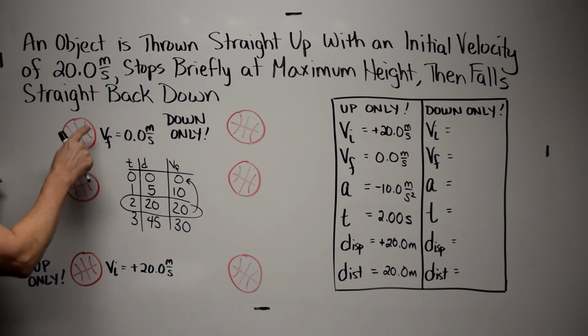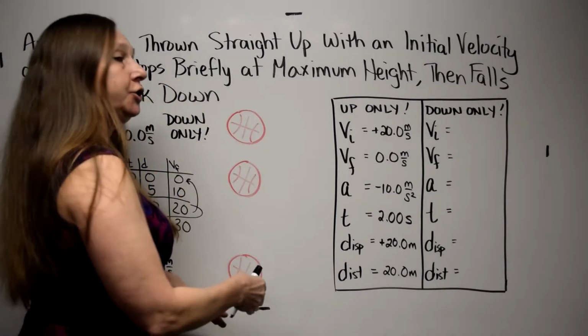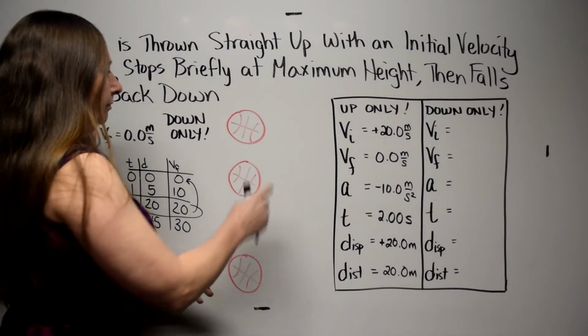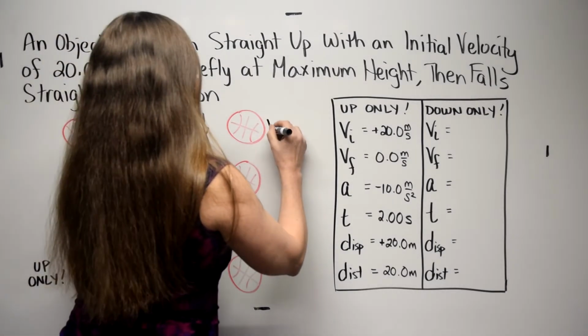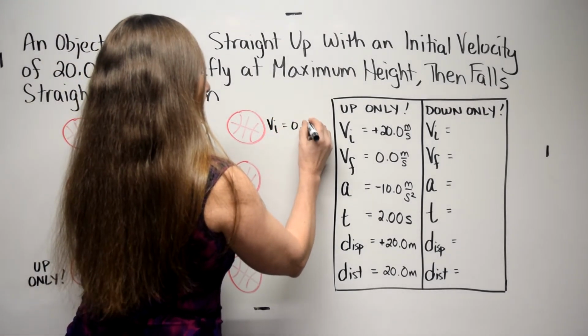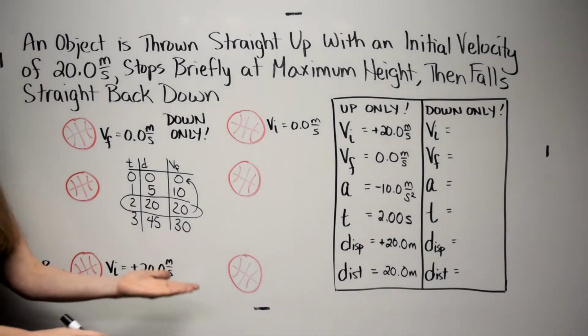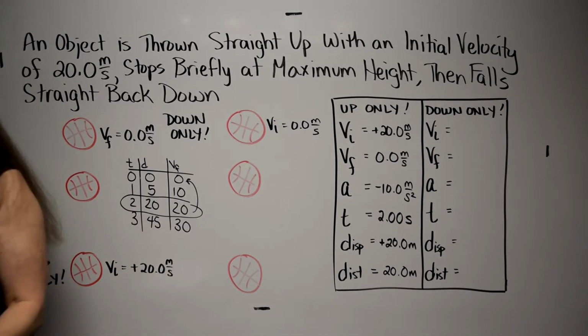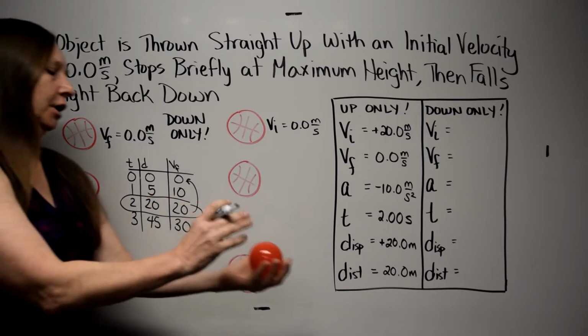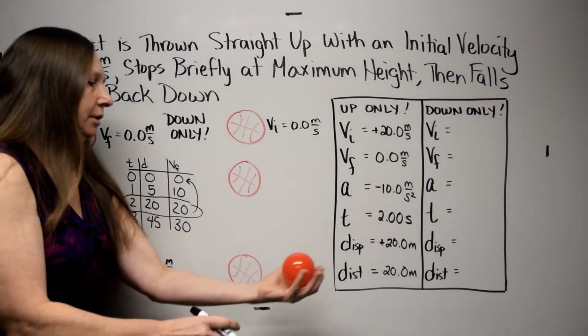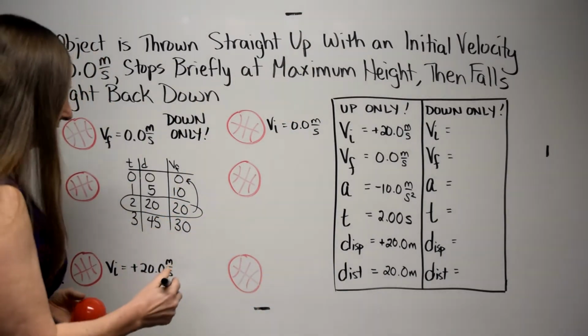Now, what about just on the way down? Starting here, V initial is 0. If it started at positive 20, when it hits down here, it's negative 20.